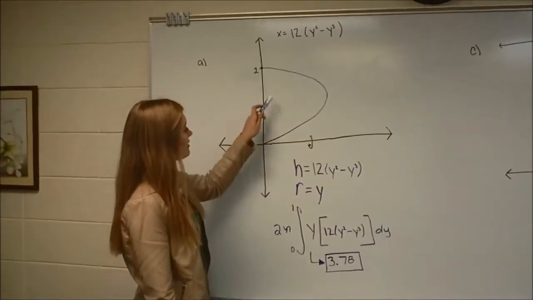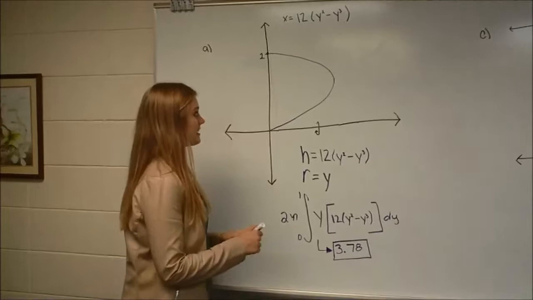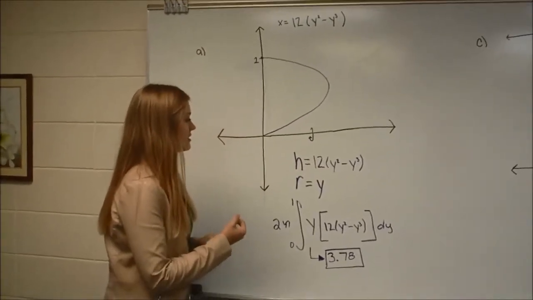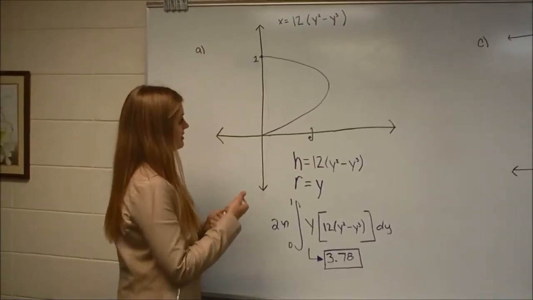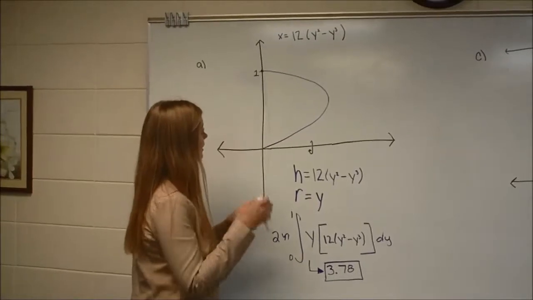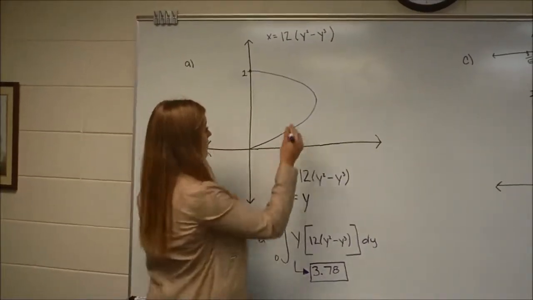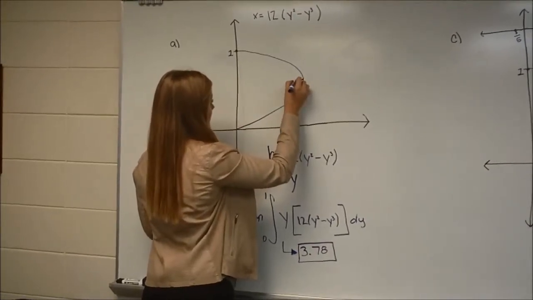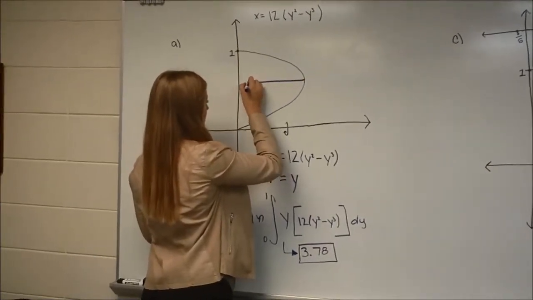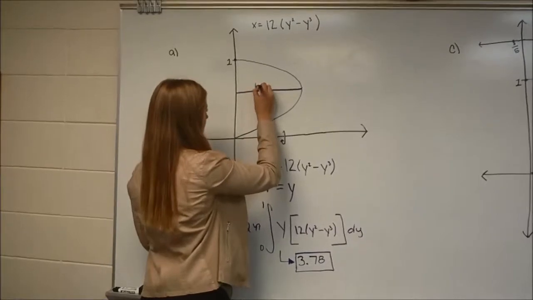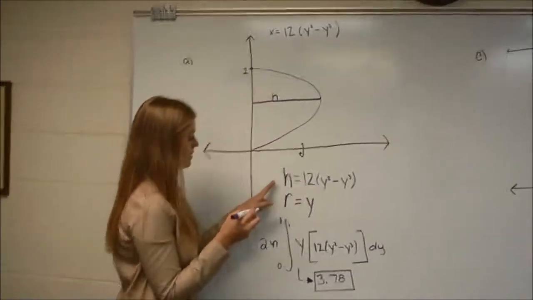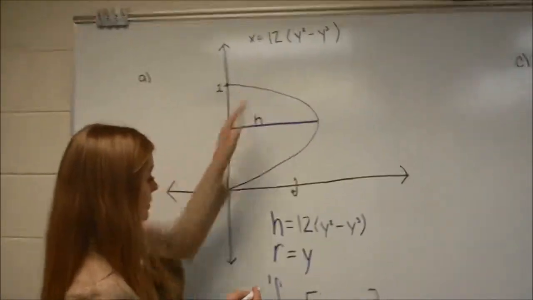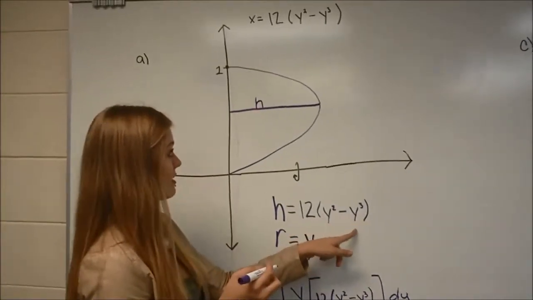Okay, so when you're rotating around the x-axis, the first thing that you would do is draw in your height. And since you're integrating with respect to y, your height would be from the y-axis to the end of the curve, which ends up being x, which is equal to 12 times y squared minus y cubed.